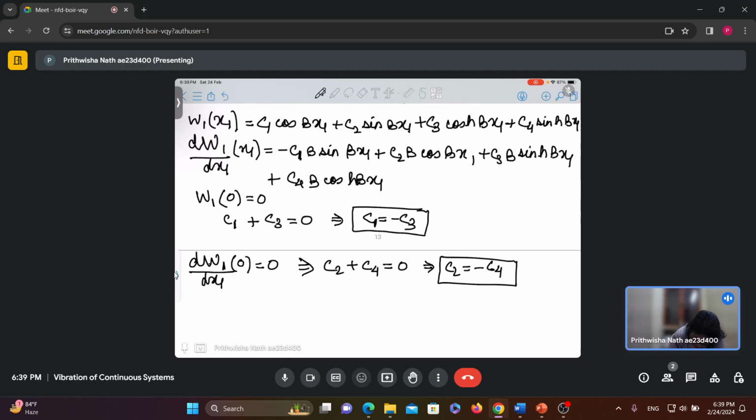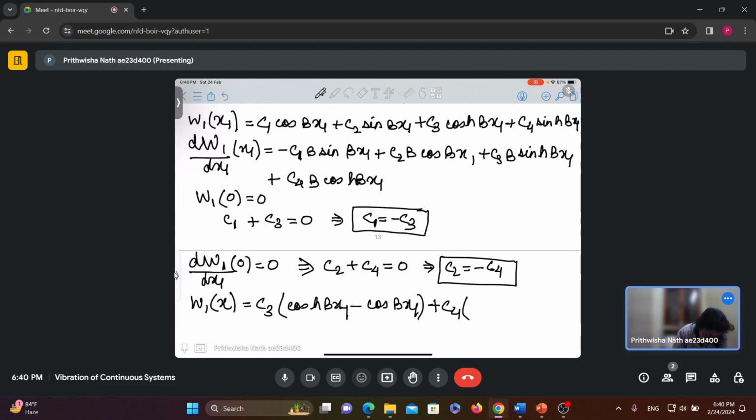So I can write W1 of x1 equals C3 times cos hyperbolic beta x1 minus cos beta x1, similarly with the terms of C4, sin hyperbolic beta x1 minus sin beta x1.